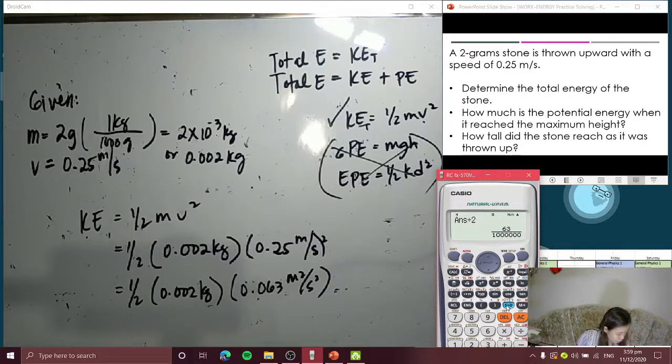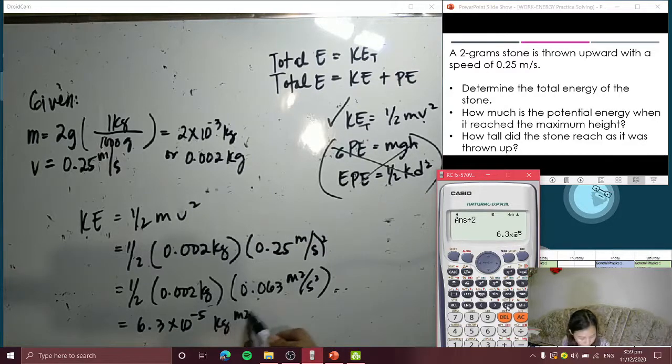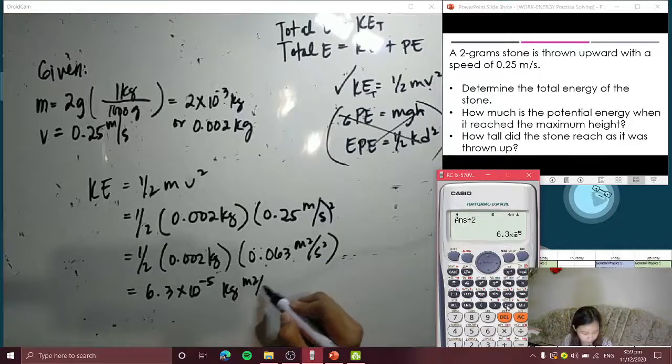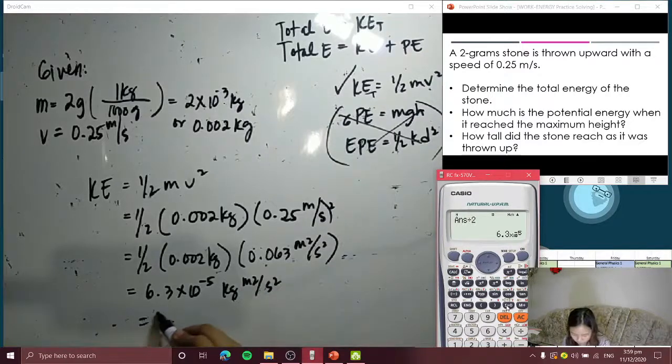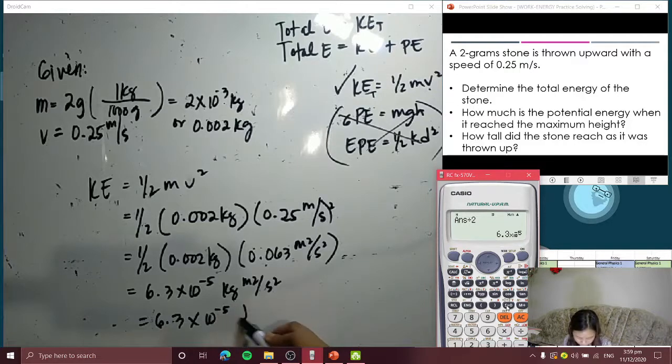That's equal to 6.3 times 10 to the negative 5 kilogram meter square per second square, or equal to 6.3 times 10 to the negative 5 joules. So this is for our KE. What is this KE? This is the KE total.